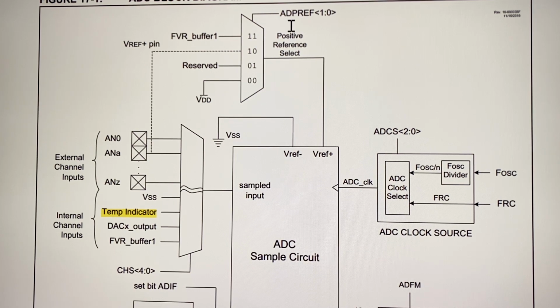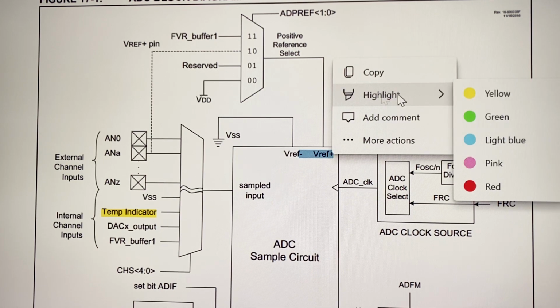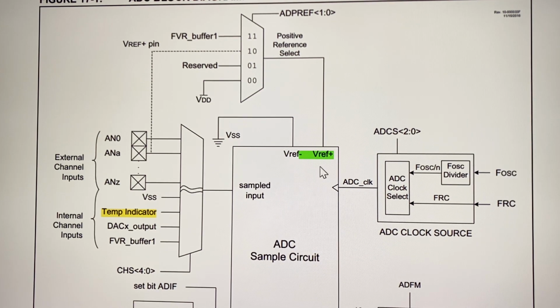And also by default VDD is selected, so if these are zeros, your positive reference voltage will be 5 volts right here, which allows you to work in that range that you are selecting.